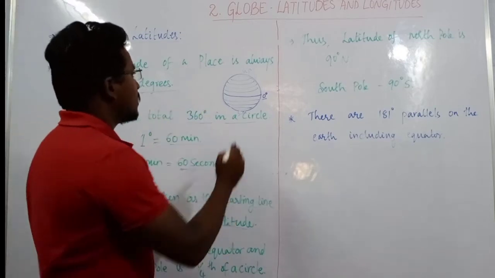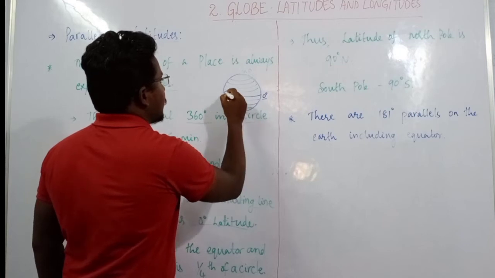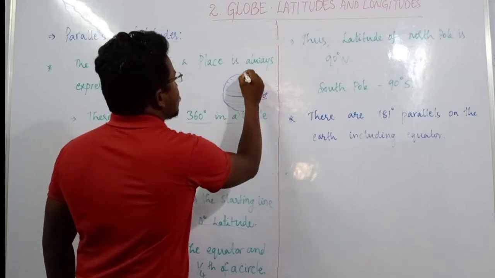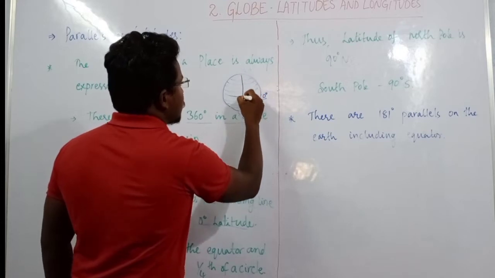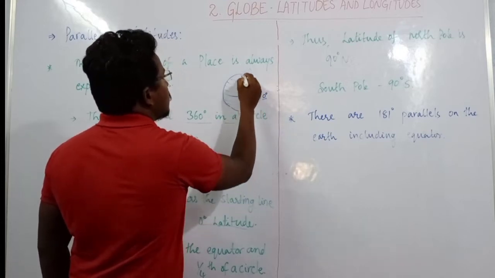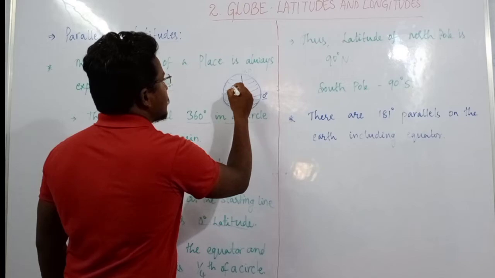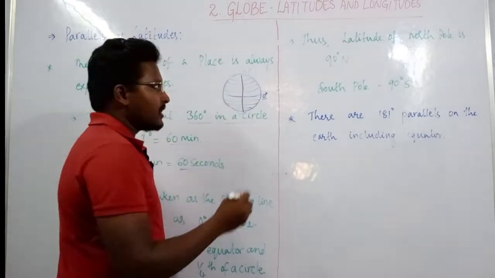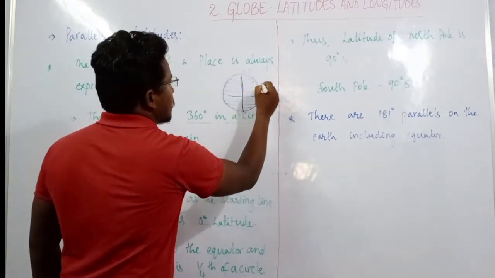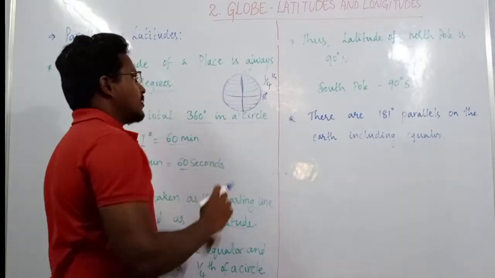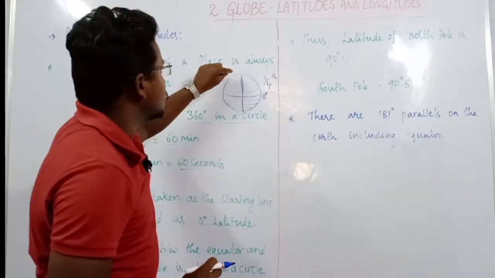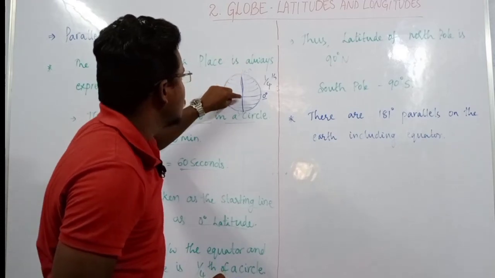Just imagine that our earth is a circular shape, and this is 0 degrees and this is the north pole. If you want to measure the distance from here to here, in a total circle there are 4 parts. So this distance shows 1/4, because out of 4 parts, 1 part shows the distance from the north pole to the equator.